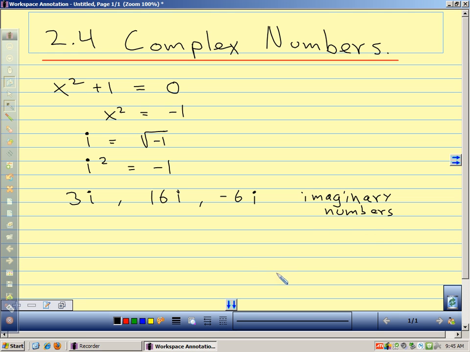If we add a real number to this, like 1 plus 3i, negative 2 plus 16i, 3 minus 6i, we call these complex numbers, where we have a real part and an imaginary part.